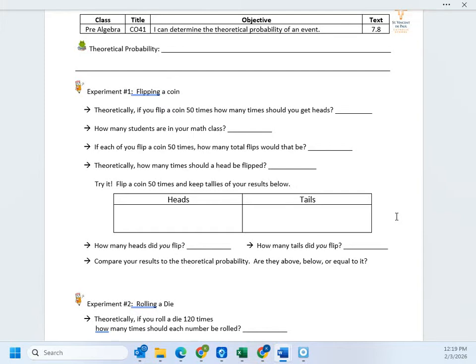Okay, so first thing we need to know is what is theoretical probability? Theoretical probability is what should happen. When we are looking at probability, like the math that we were doing with that last objective, what is the probability of pulling out this letter?